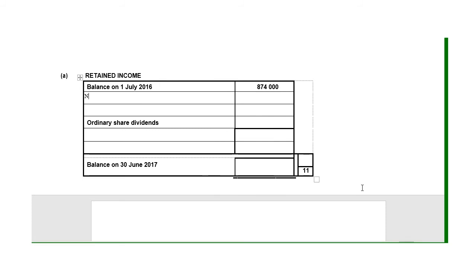So this is the net profit after tax that I must add. I must also deduct the repurchase of shares, and I must deduct the ordinary share dividends, but it will be split between interim and final.